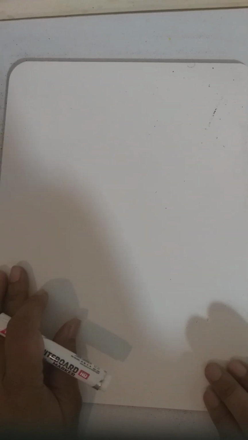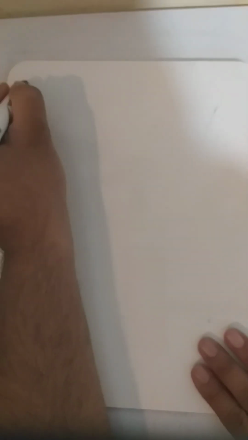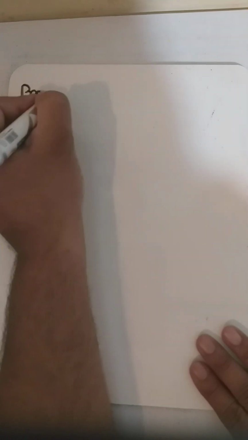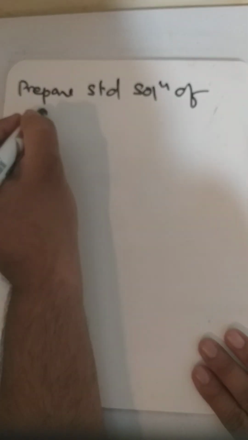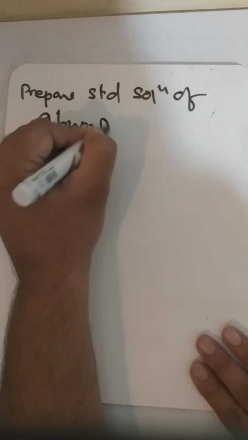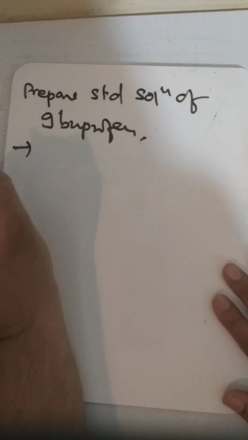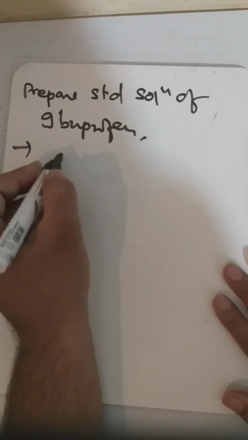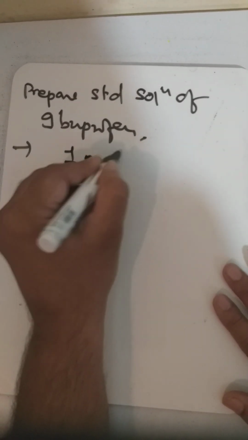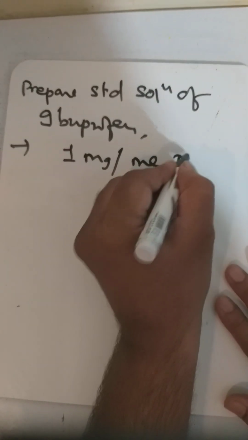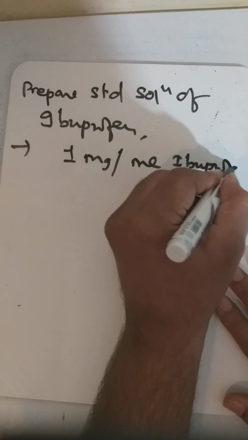Now furthermore, you have to prepare the standard solution of what? Ibuprofen. So how are you going to prepare the standard solution of ibuprofen? It is prepared from a solution which contains how much? 1 mg per ml of ibuprofen.